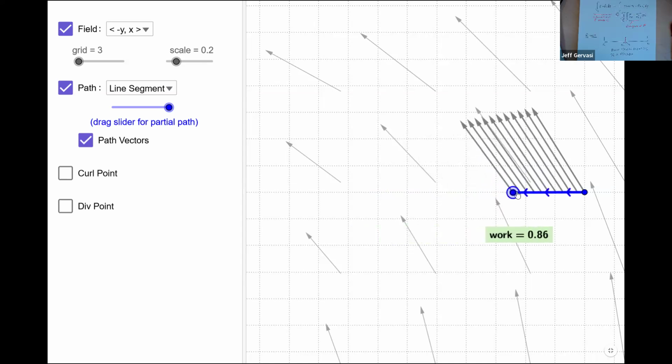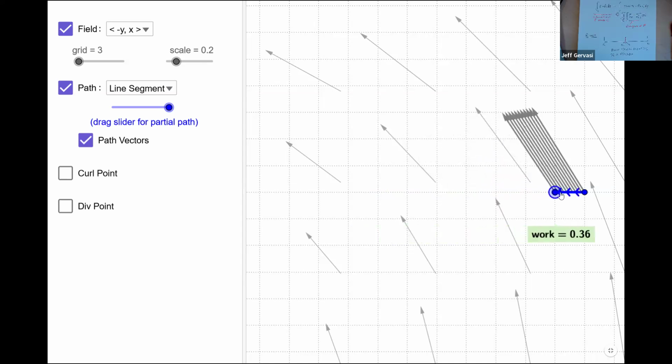What do you notice about the arrows? Yeah, that's right. The more the line segment shrinks, the less the arrows vary. In fact, they all start looking like each other. Our variable force starts to look like a constant force the smaller the subinterval gets.